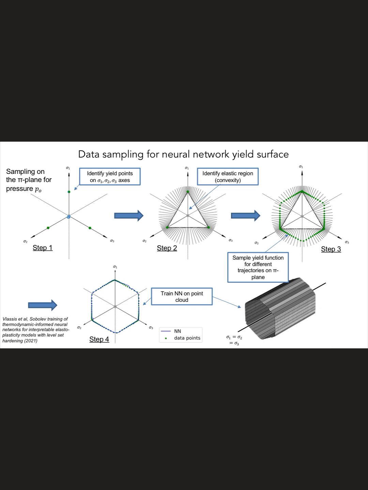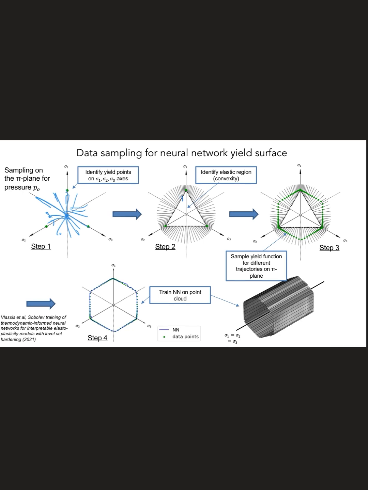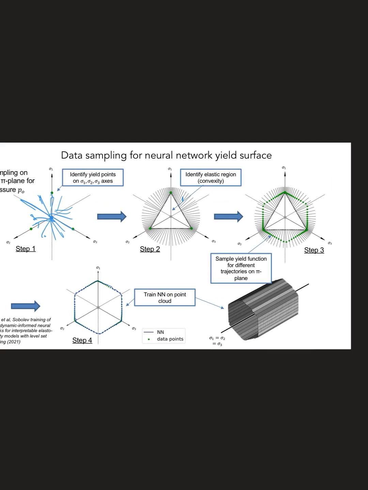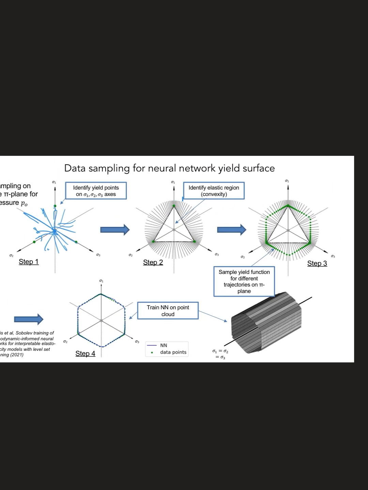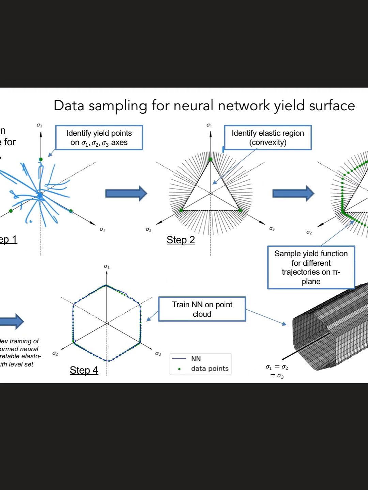You can start here, which is stress-free, and load different combinations of stress. That means you apply different stresses on the specimen, different combinations of sigma 1, 2, and 3. Here we do a trick: we start with the triangle just to save some time. But what you would recover is a point cloud where f equals 0. In this point cloud, we know that f equals 0 here, but we don't have any inside or outside information. So if you directly learn it, it will not be very stable.